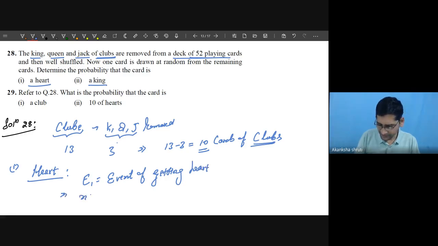Then number of cards of event E1 means the number of cards of the group event, group heart. It remains 13. It is not disturbing the heart because only the club, the jack, queen and king of club are removed.